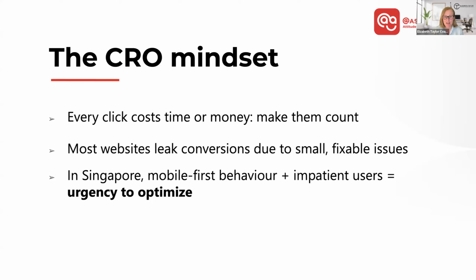Plus, we've got very impatient customers that want things immediately and want to be able to find what they need on websites. That means as business owners and marketeers, we have this urgency to optimize. We need to make sure that once somebody lands on our website, they're going to take the action that we want them to take.